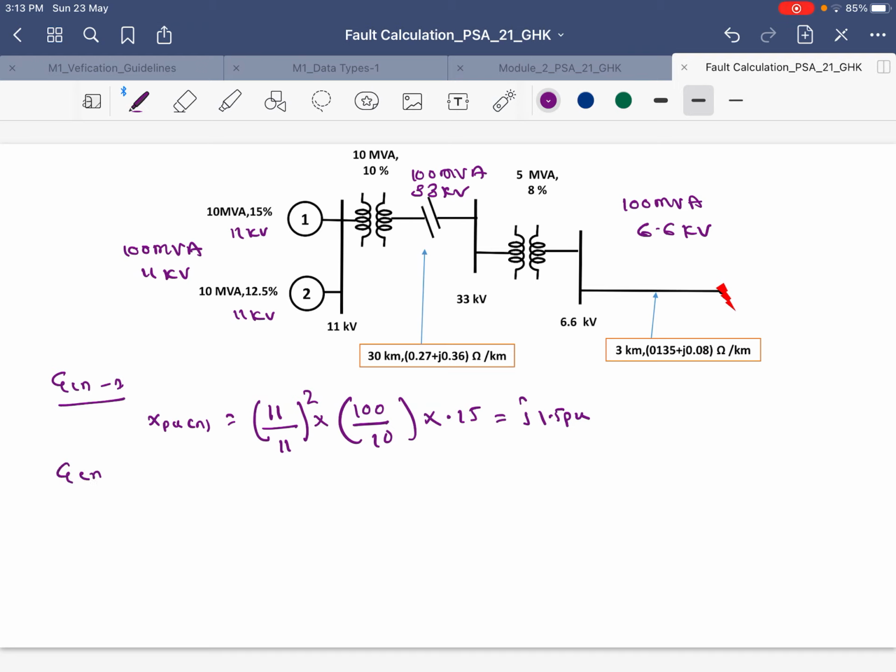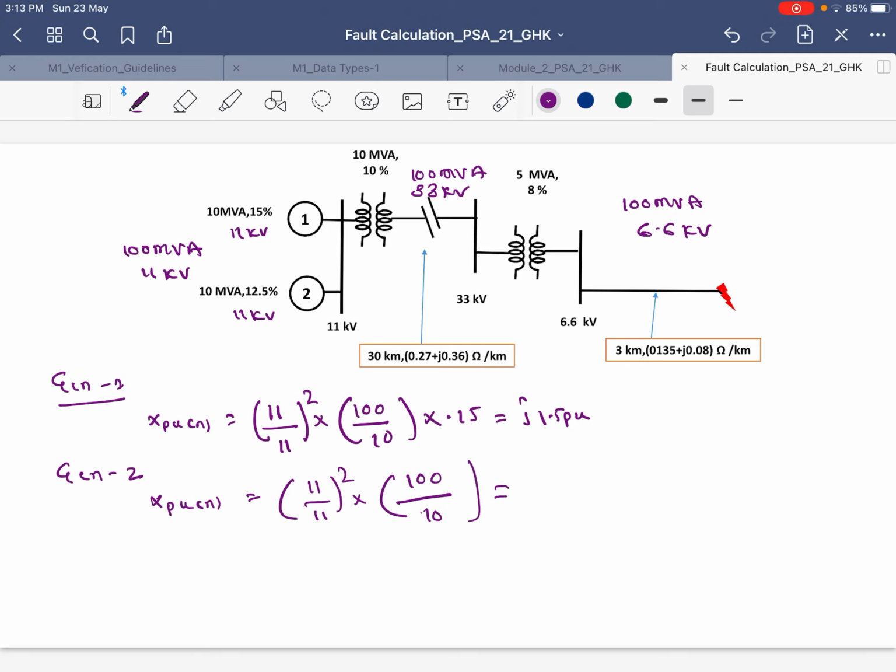Similarly, for generator number 2, X per unit new is equal to kV old 11 over kV new 11, whole squared, times new MVA 100 divided by the MVA of the second generator, which is once again 10.